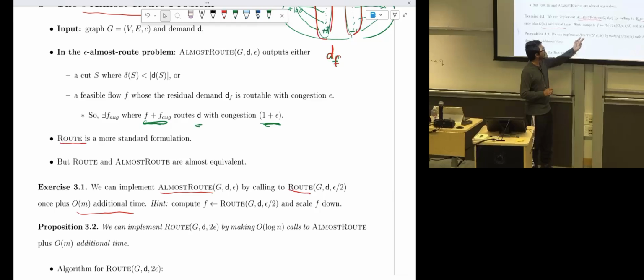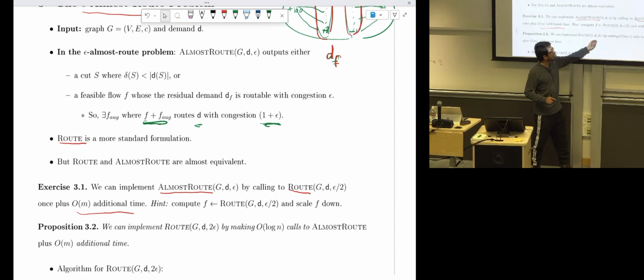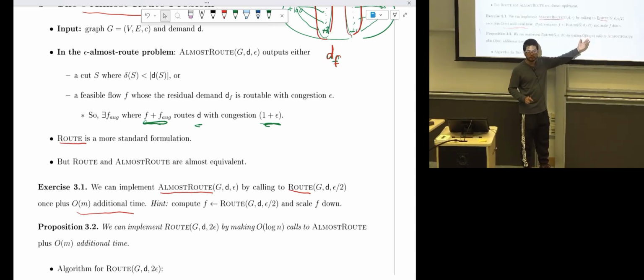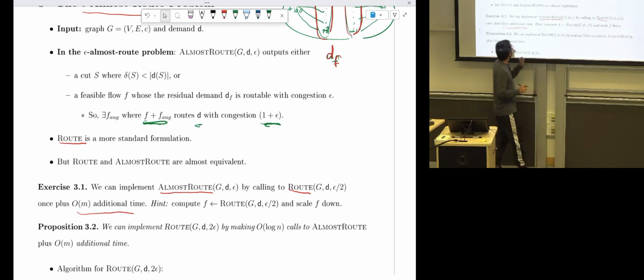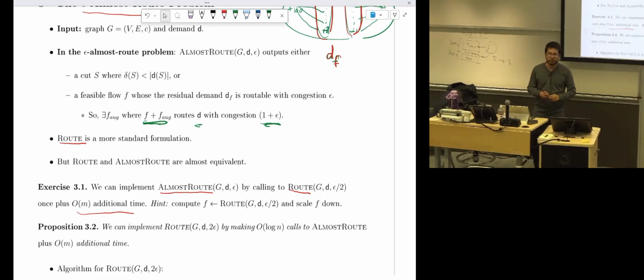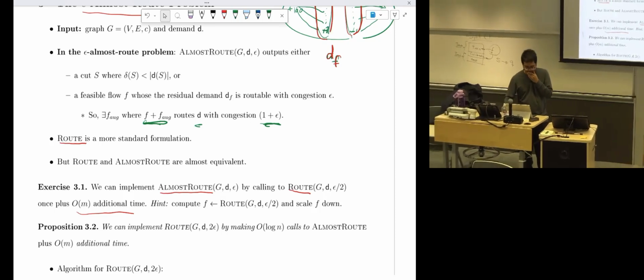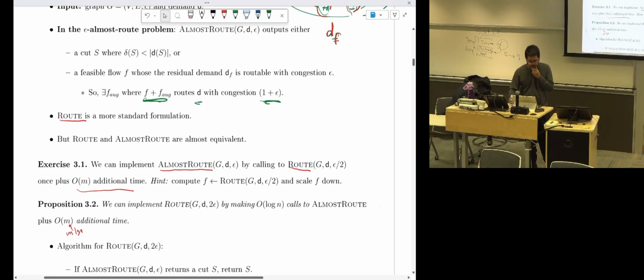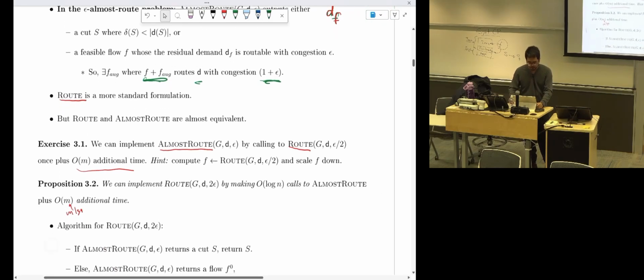If you want to solve route, maybe with slack epsilon, you can solve it by making log n calls to almost route, basically a small number of calls, and some small additional time, maybe m log n. And the algorithm is just this.